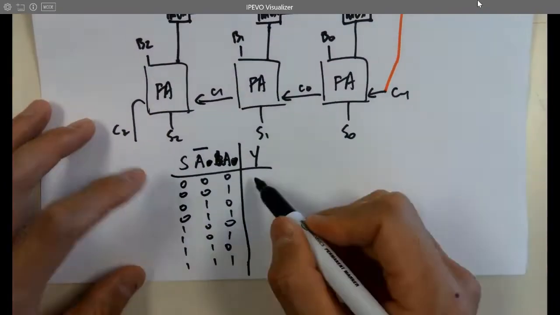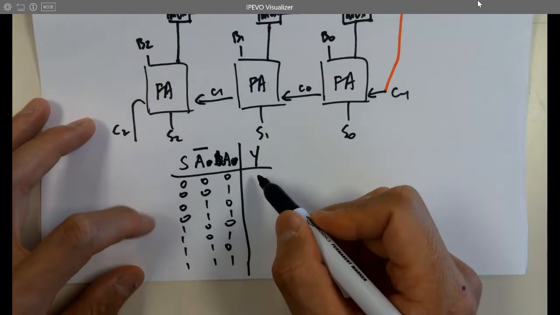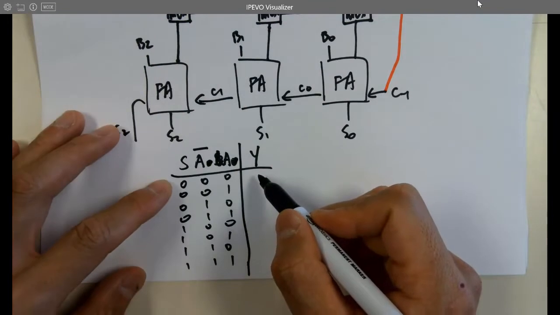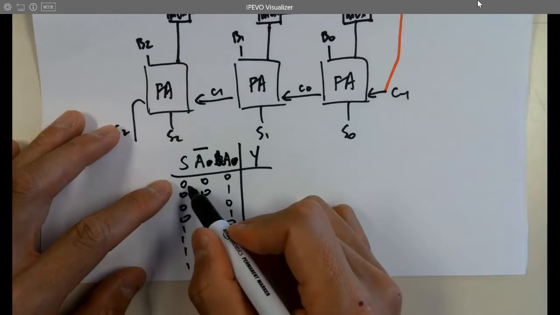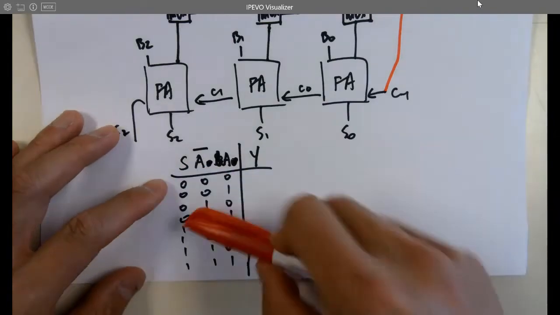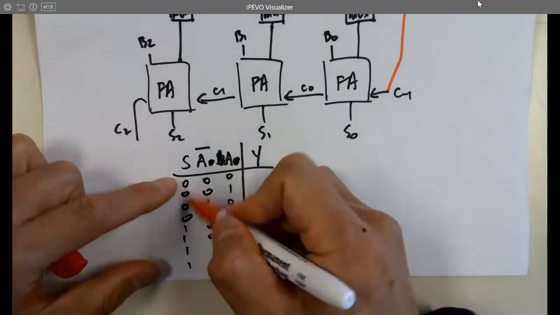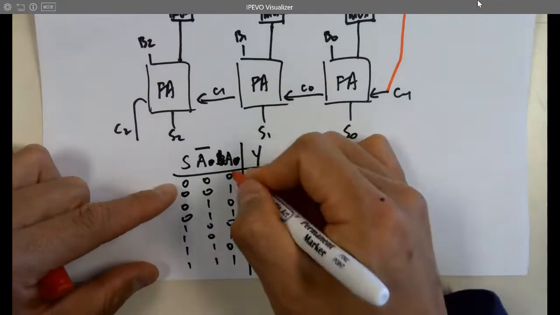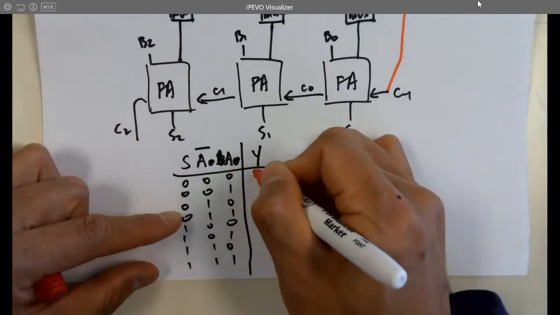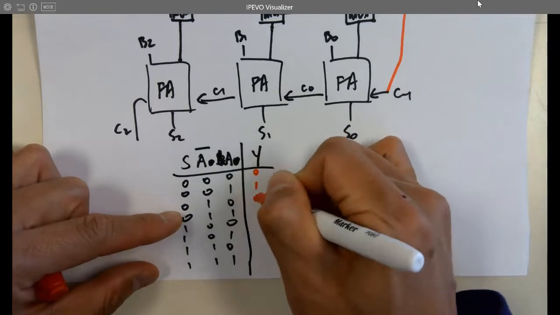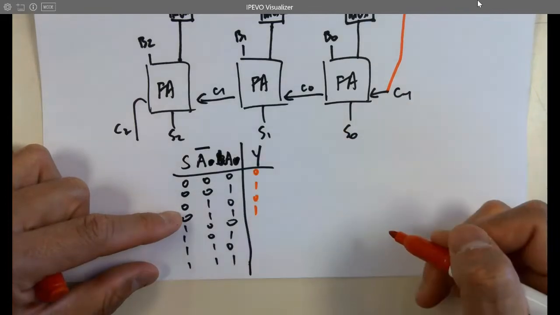All right, what are the Y's? Wait, so 0. So if S is 0, it picks up all the A's, right? So it's going to copy A, so 0, 1, 0, 1. Do we want that?